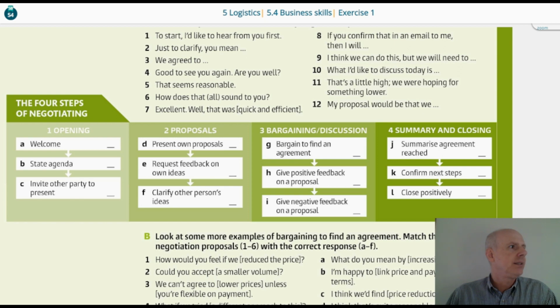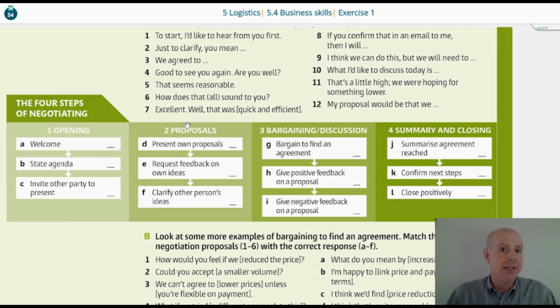We saw that the opening is the part in which we start the meeting by confirming the agenda and who's present, right? After that, we welcome everybody, state the agenda, and the interesting part is to invite the other party to present their proposals.